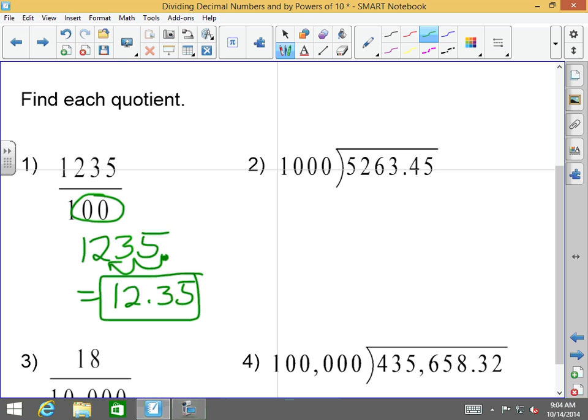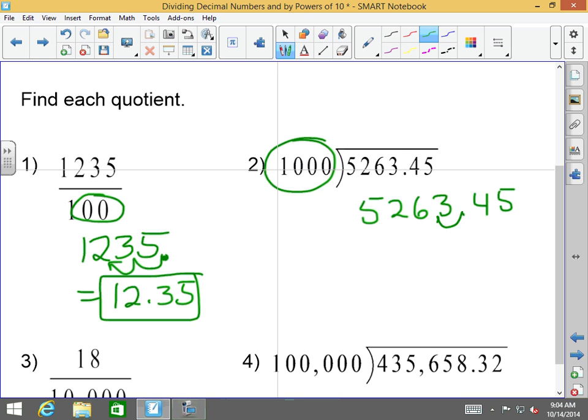Excellent. Here, okay, I have this number here, 5,263 and 45 hundredths divided by 1,000. How many zeros are there? So how many places am I going to move it to the left? 3.